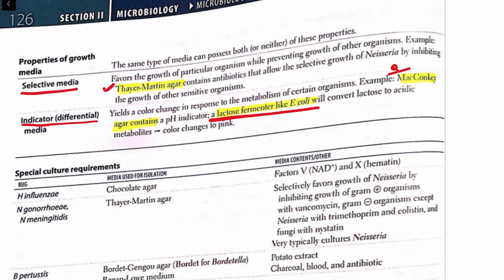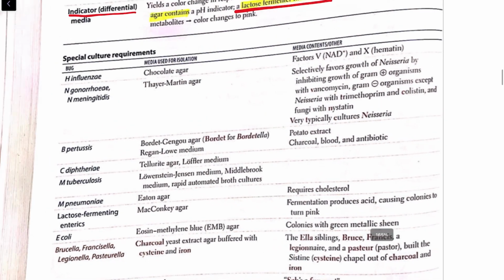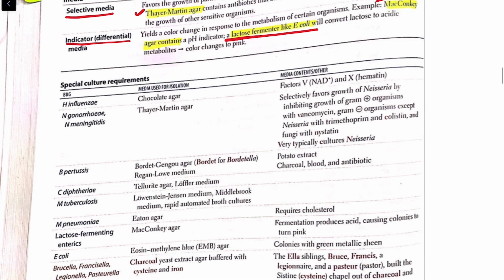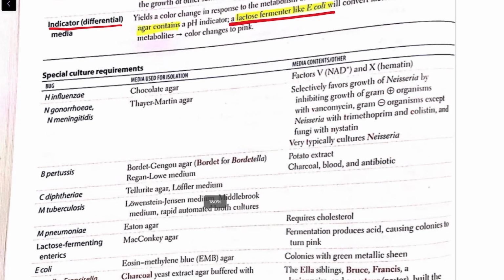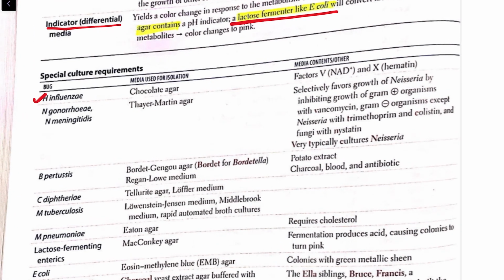Okay, now this is a table which shows the specific cultural requirements. Okay, H influenzae on chocolate agar requires two factors, factor 5 which is NAD and factor 10 which is hemin. Remember, there is a way to remember this, not a formula but a thing, that H influenzae requires both. Okay, while parainfluenzae requires only factor 5.